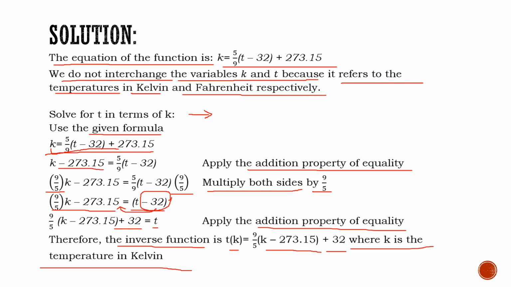But if we are dealing with an equation of a function formulated by mathematicians from the 1900s and used for so many years, then we simply look for the value of T in terms of K. In this kind of situation, we don't need to interchange or swap the positions of the variables in the equation of the function that was formulated by our mathematicians and scientists way back in 1900.